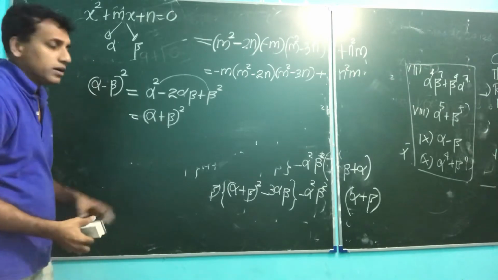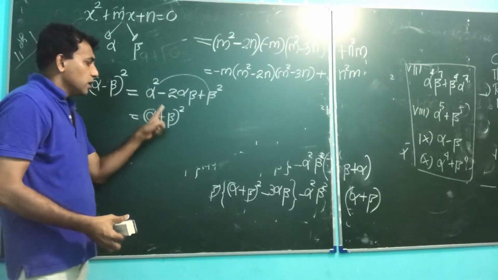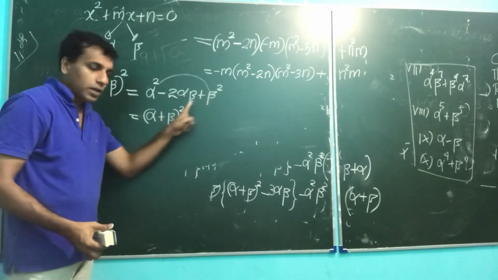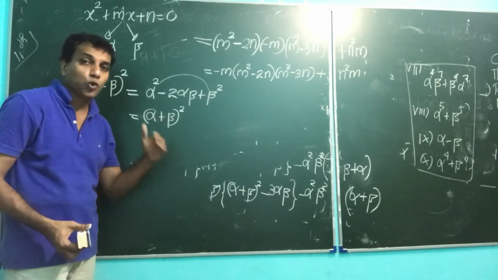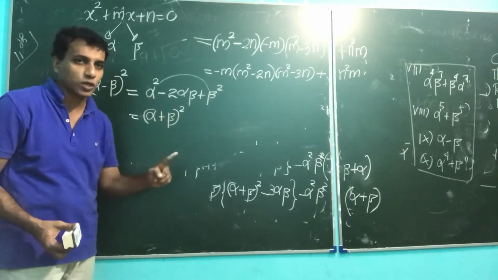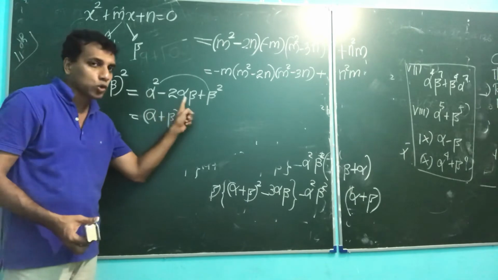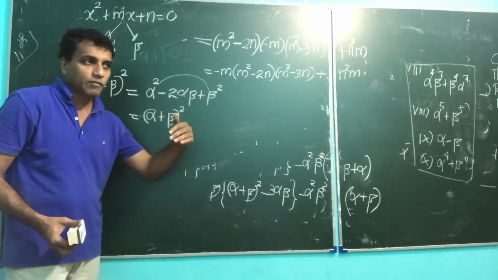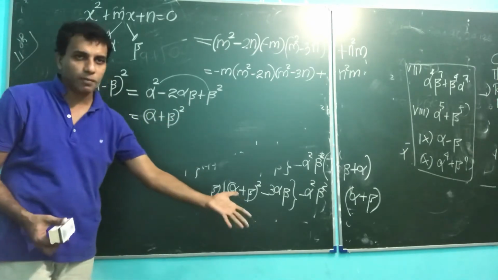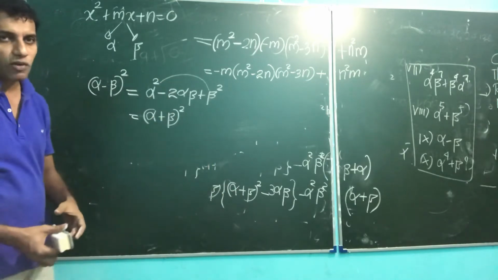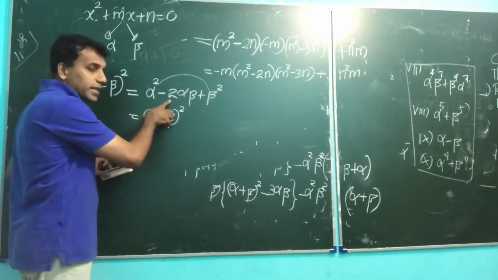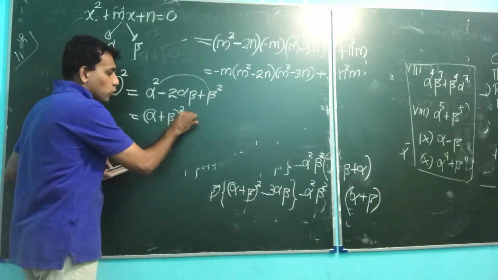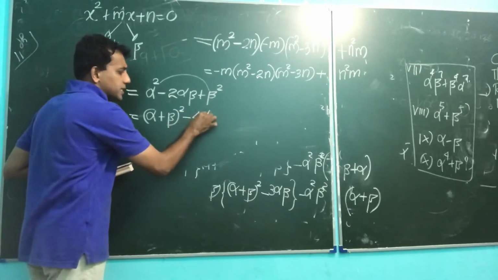Then alpha square is available, beta square is available, and multiplying both and doubling gives 2 alpha beta, an addition, positive, right? But there's no positive 2 alpha beta here. Therefore, to remove that, subtract 2 alpha beta. Another 2 is already subtracted, right? Therefore, totally 4 alpha beta.